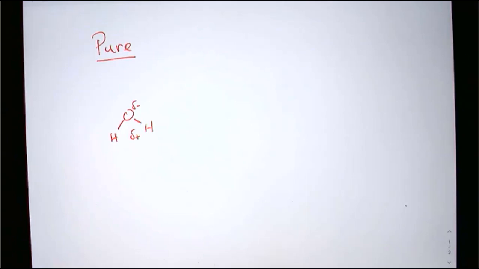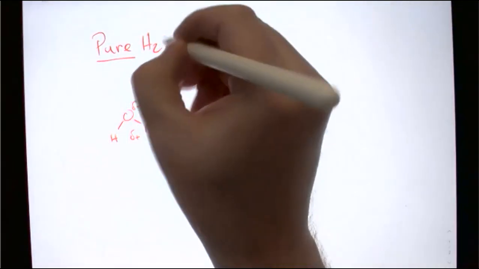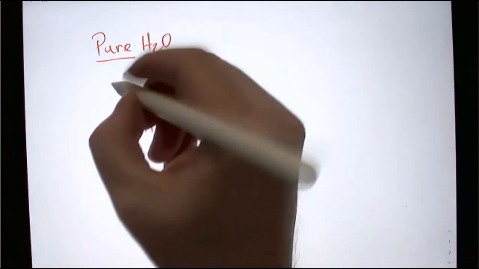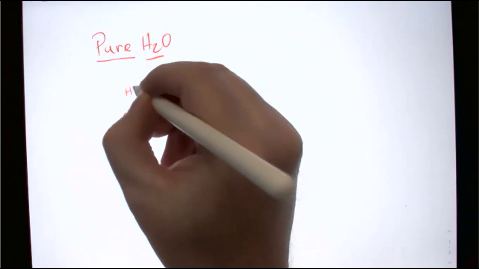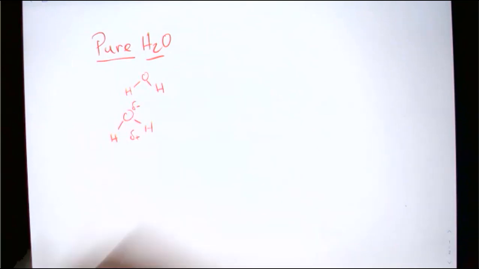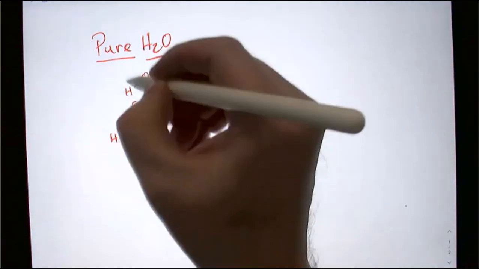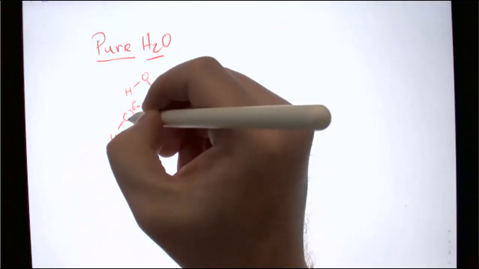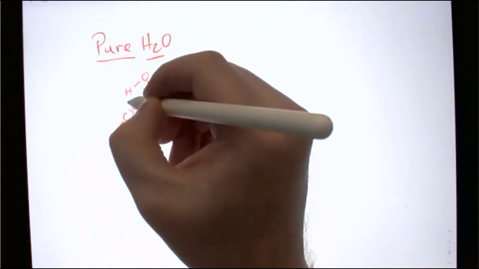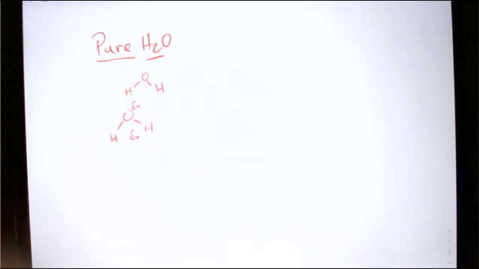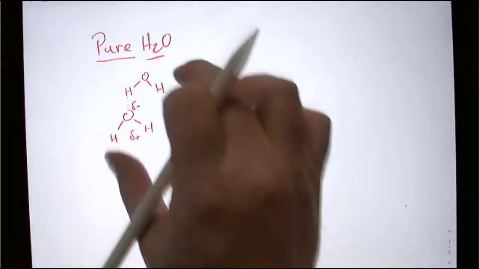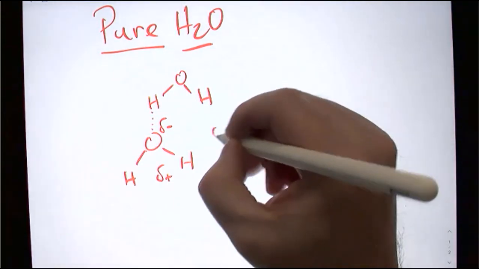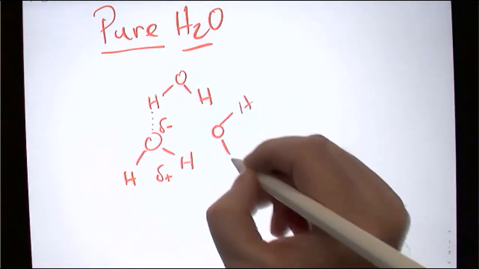So if you just have pure water, then there's a neighboring water molecule, right? A neighboring water molecule might be oriented like this. Why would it be oriented like that? Because now its positive hydrogen would be attracted to this guy's negative oxygen. To show that attraction, I'll just put a little dotted line. Well, over here, there might be a water molecule like that.